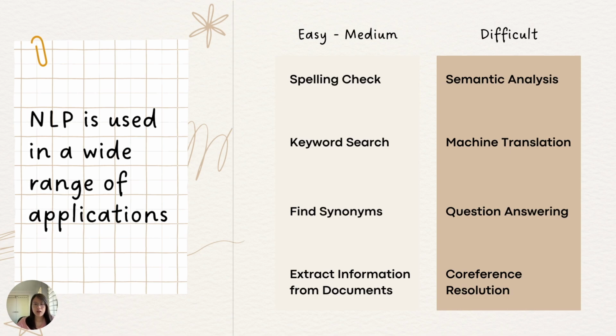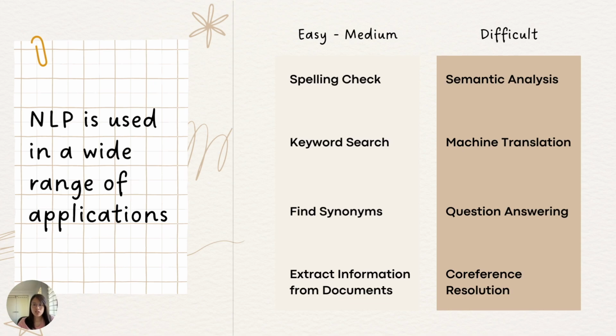For example, spelling check, keyword search, and finding synonyms are some of the easy tasks that NLP can help us to solve. And some of the more difficult tasks that NLP can help us to achieve are semantic analysis, machine translation, question answering like ChatGPT, and coreference resolution.